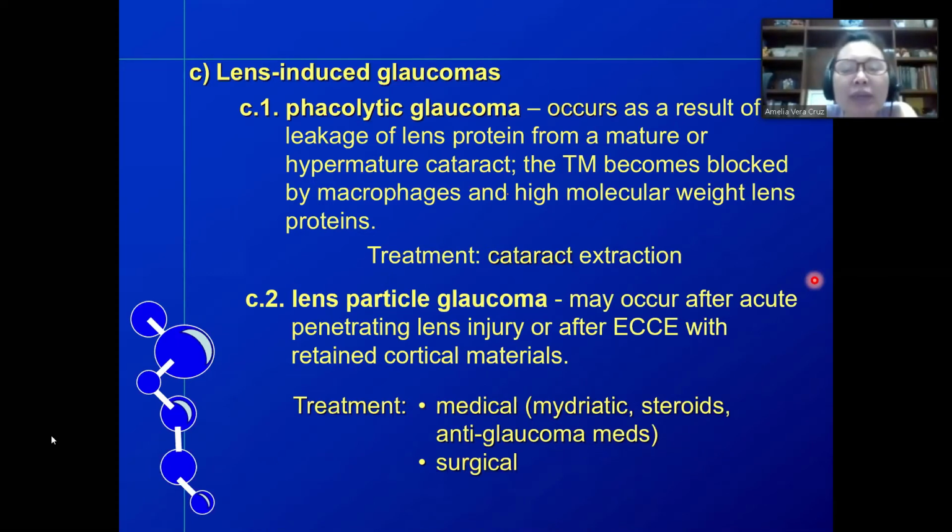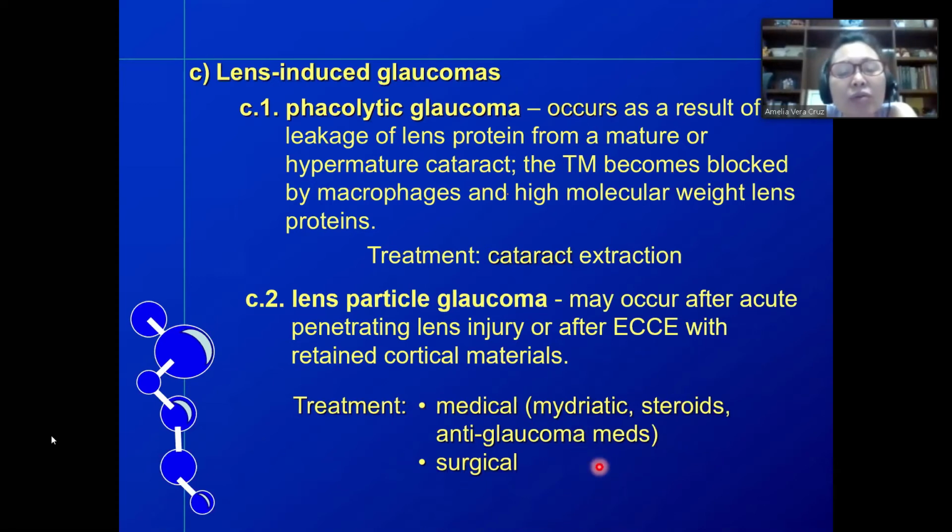Second is your lens particle glaucoma. Okay. This occurs when you have a penetrating injury to your lens. Or after your cataract extraction, where the lens particle remains in your anterior chamber. So this one, the cortical materials from your lens will block your trabecular meshwork.